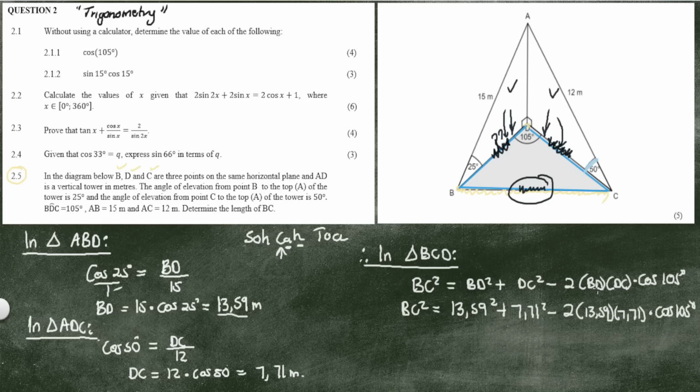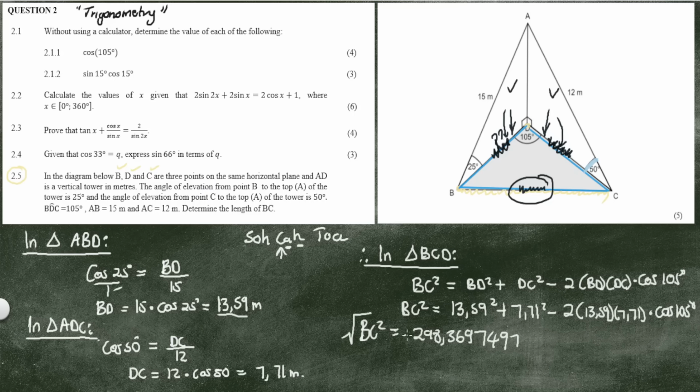Let's find the answer. 13.59 squared plus 7.71 squared minus 2 times 13.59 times 7.71 multiplied by cos 105. The answer is about 298.37.